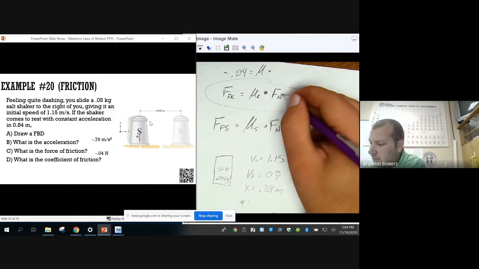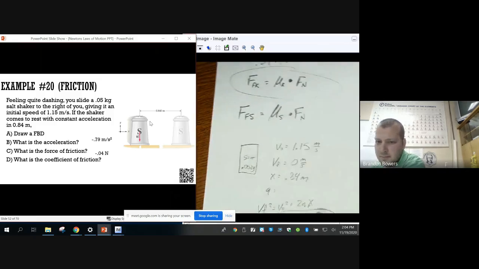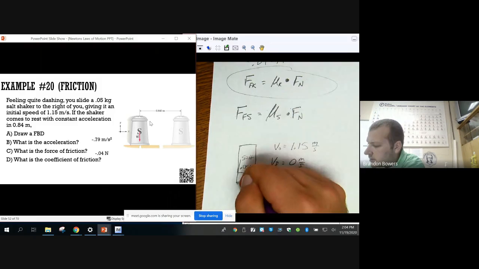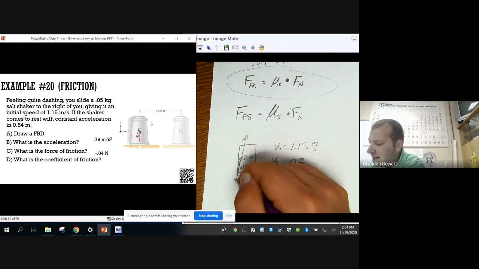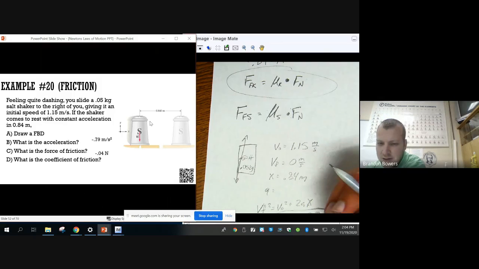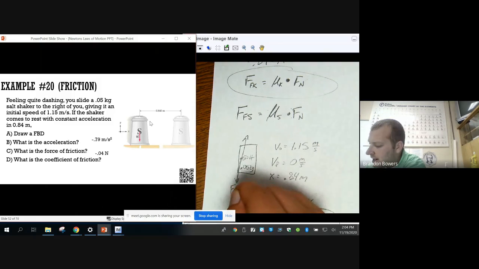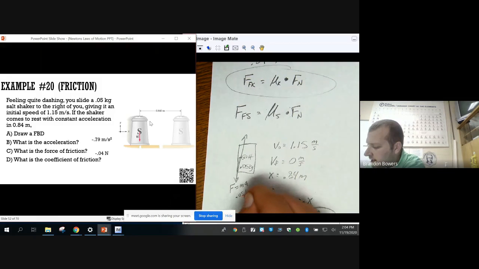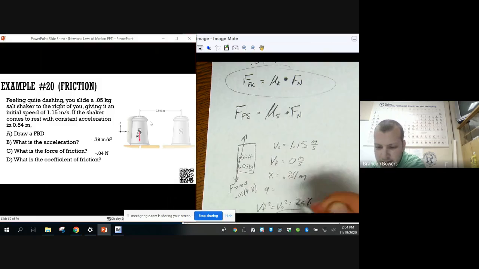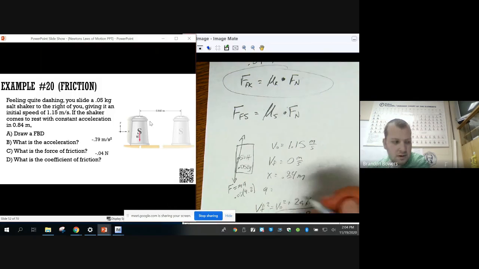The normal force in this problem: there's only one force acting on it up, which is going to be the same as the force acting on it down. The force acting on it down is gravity, so force is equal to mass times the acceleration due to gravity, 0.05 times 9.8.